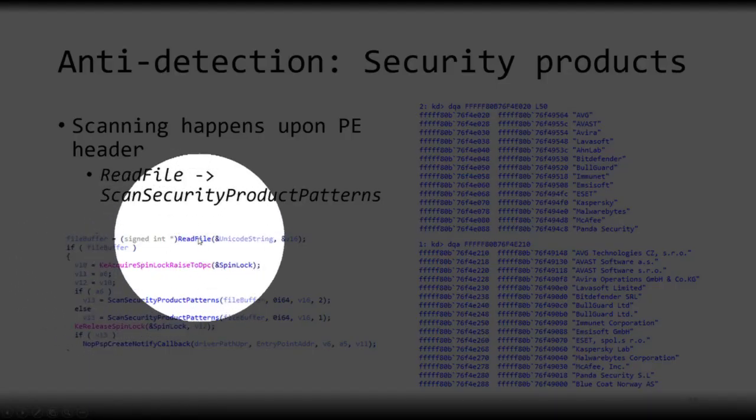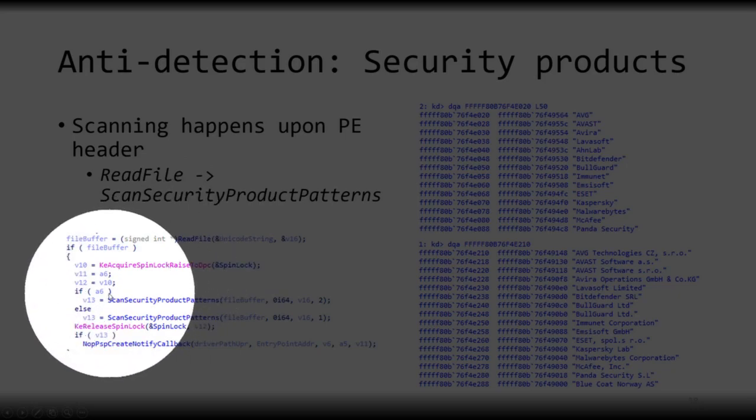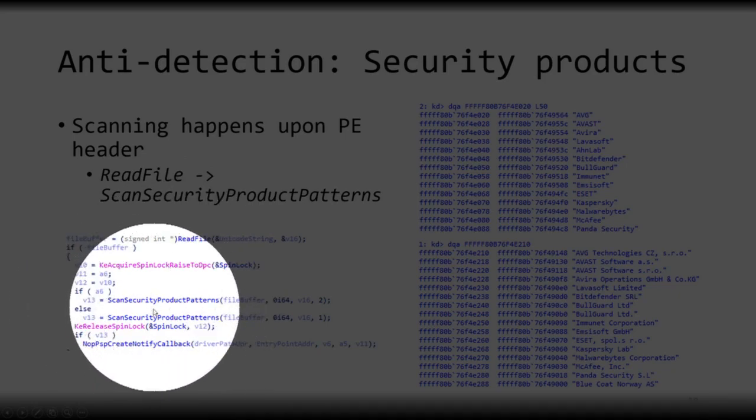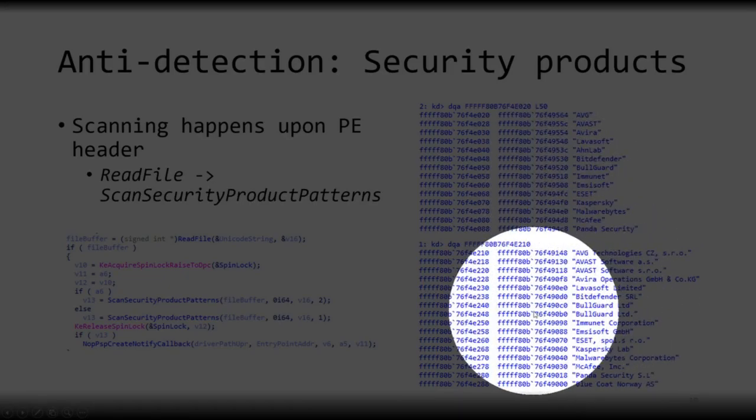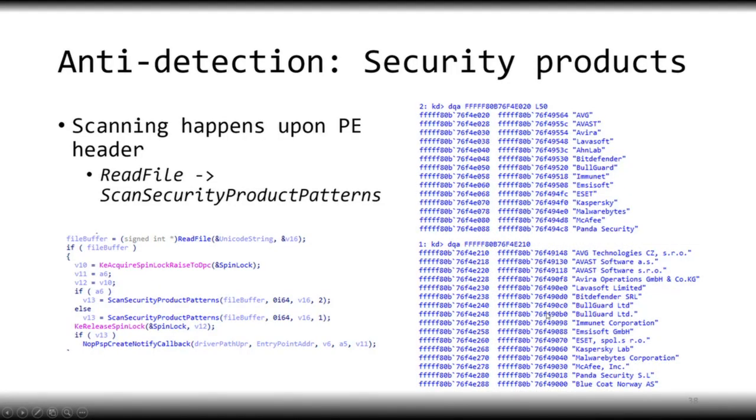They read the actual files, and they scan through the content with these signatures. It's a very naive signature system, but they just go through some file header. If these strings are found, they think this file must belong to this security product. So they don't even need to specify every single file from these vendors.